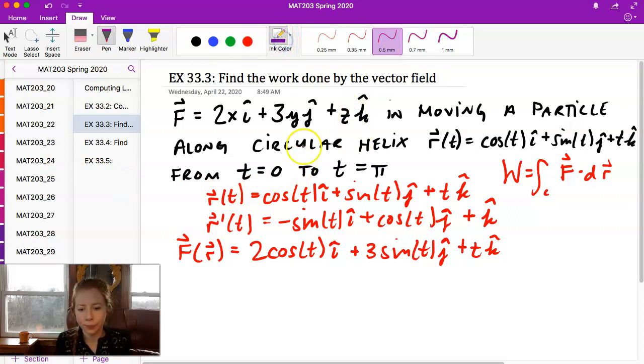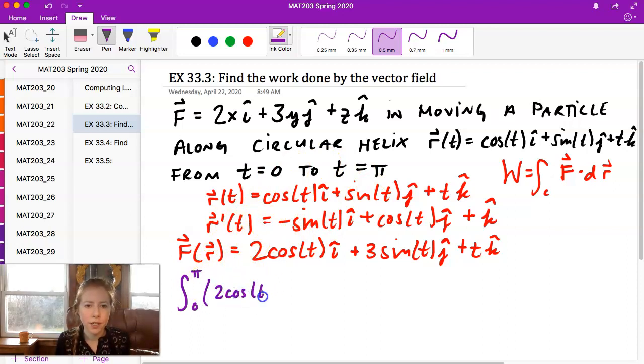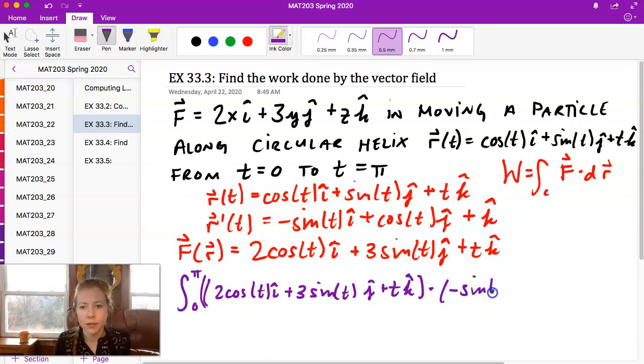And so then we're going to get the integral from 0 to pi, since that's our time interval, of 2 cosine t i hat plus 3 sine t j hat plus t k hat dotted with r prime of t, which is minus sine t i hat plus cosine t j hat plus k hat, dt.